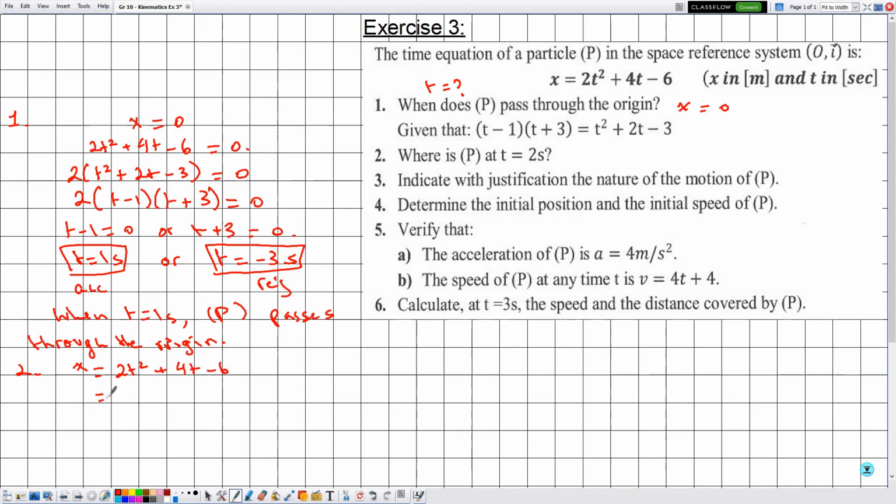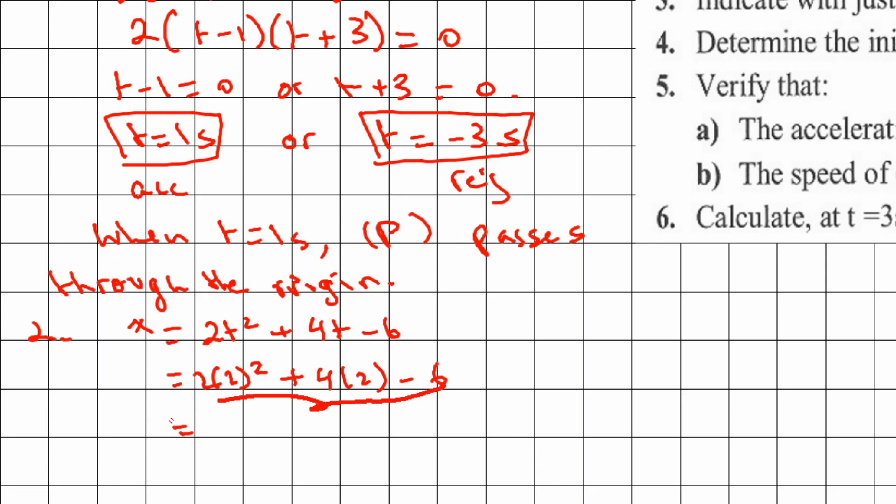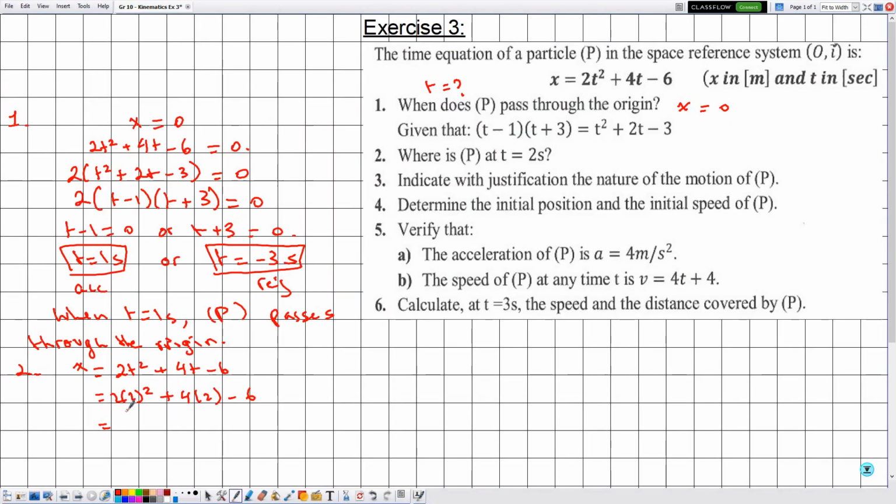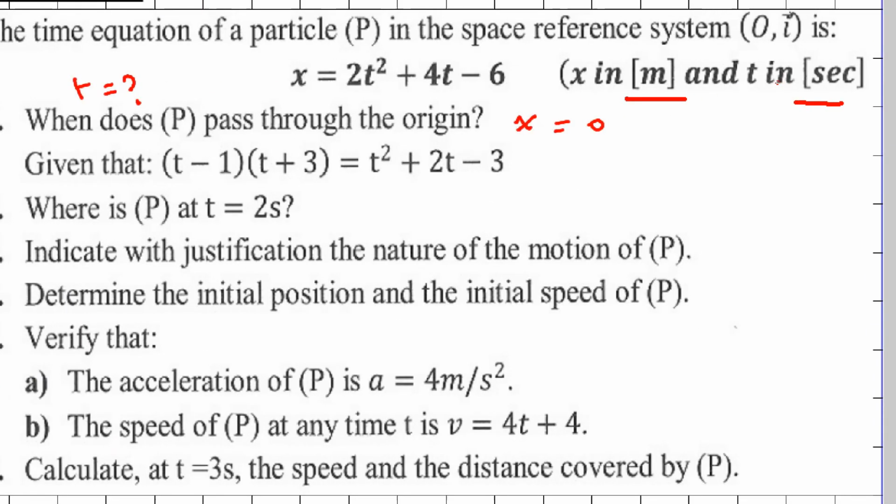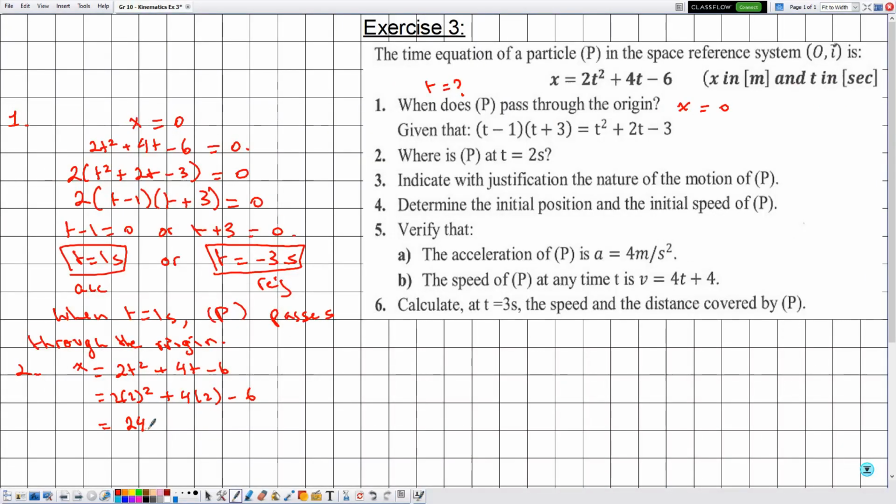Now replacing t by 2 and plugging this expression into the calculator, the value of x is 24. Since everything previously is expressed in SI, which is meters and seconds, the value of x will be expressed in meters. Then the position of the particle when the time instant is 2 is 24 meters.